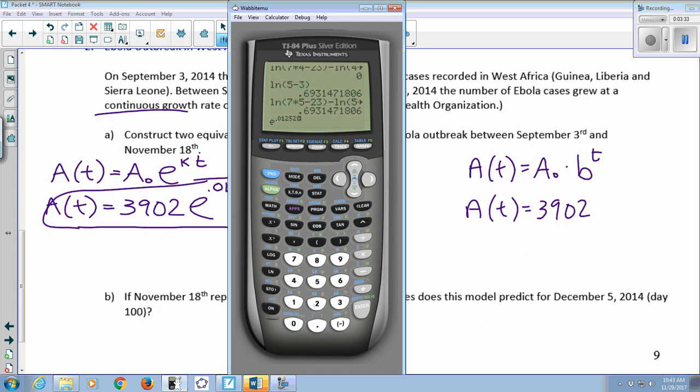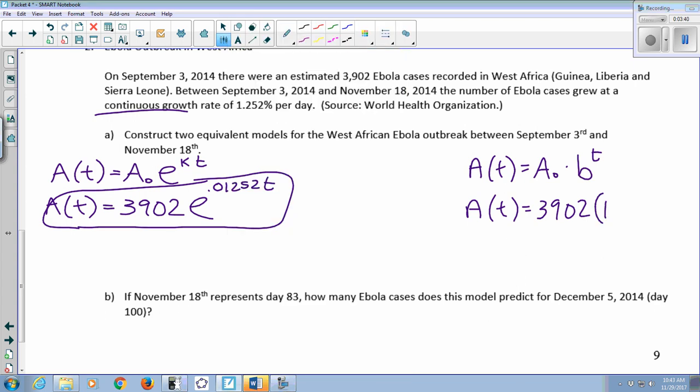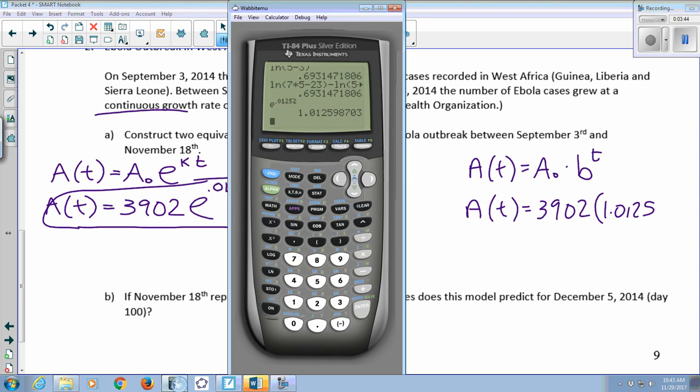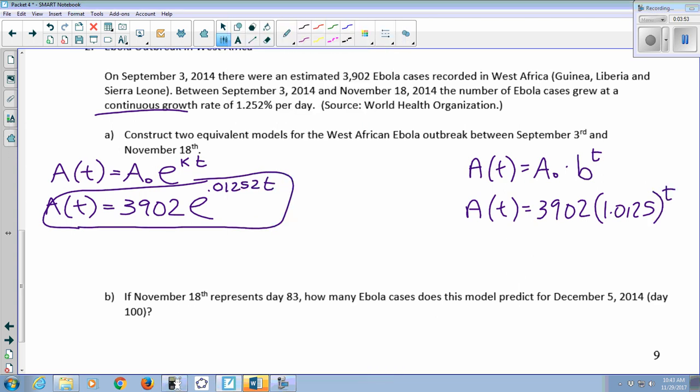And I get 1.0125. That's my growth factor. 995. I'll just round it there to the t.